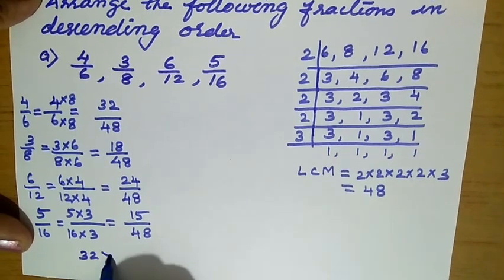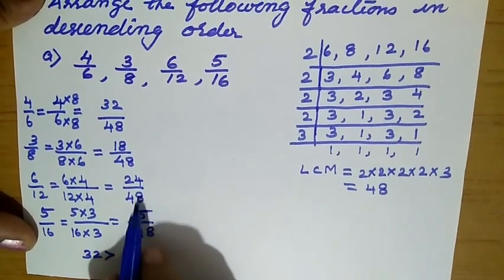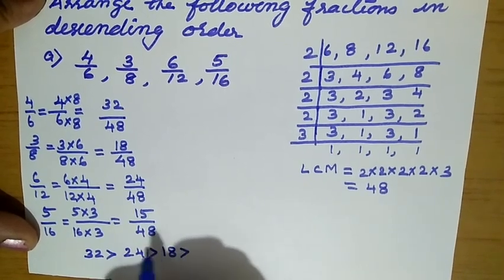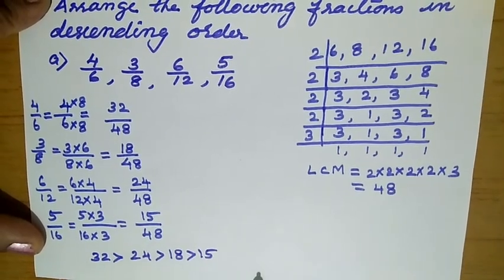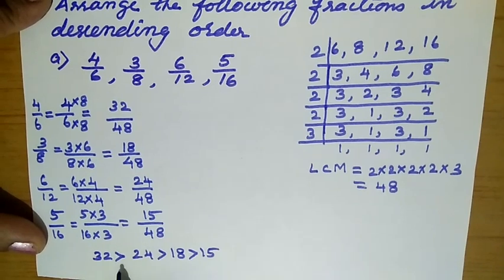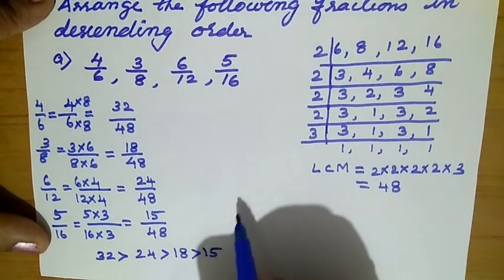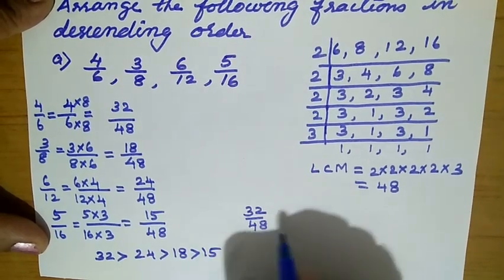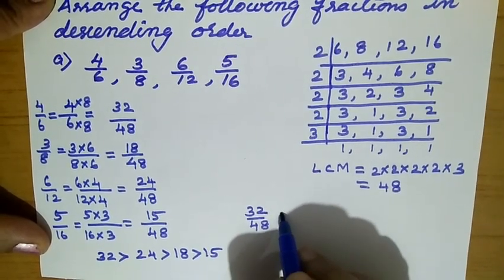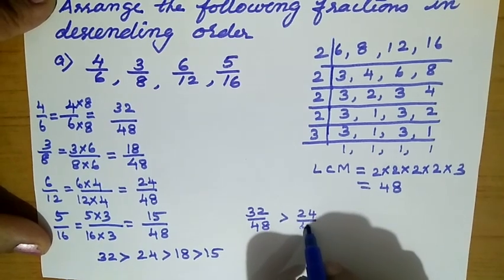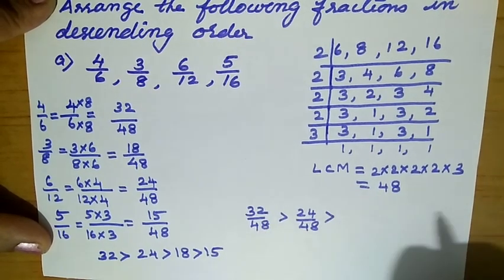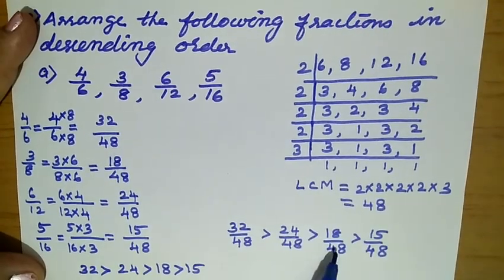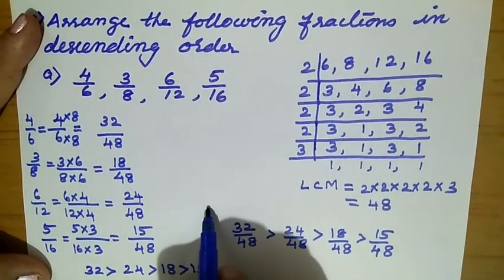Which is greater? 32 is greater, then comes 24, then 18, then 15. So it is in descending order. We can write in fraction form: 32 by 48, 24 by 48, 18 by 48, then 15 by 48.